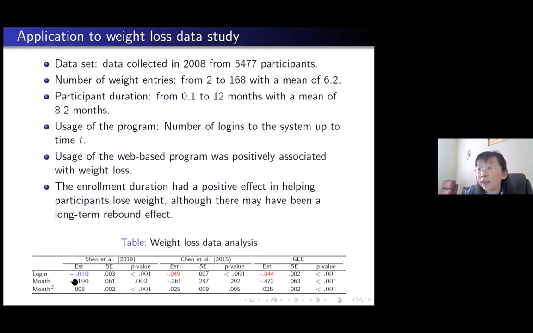So usage of the program was positively associated with weight loss. We also found that participation length has a positive effect on weight loss as well, although there is a long-term rebound effect suggested by the positive sign of the square term.